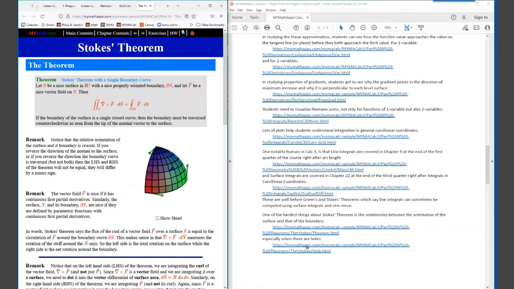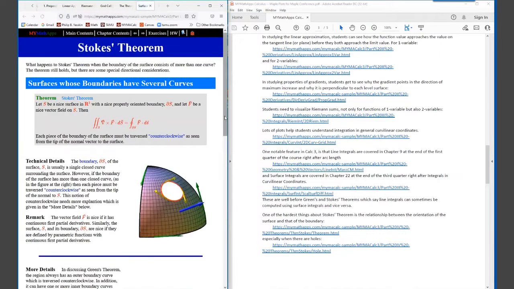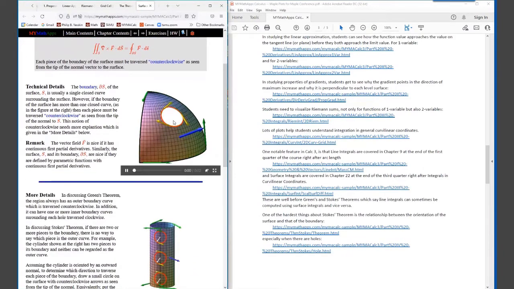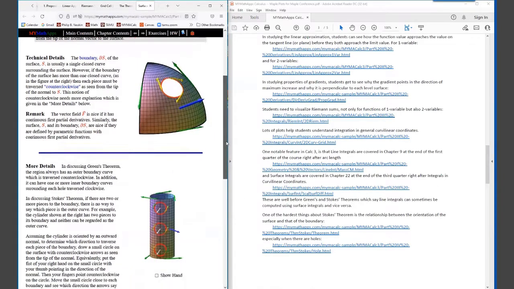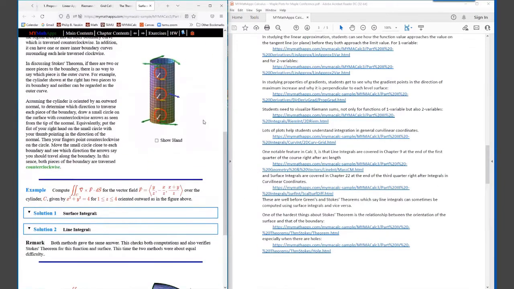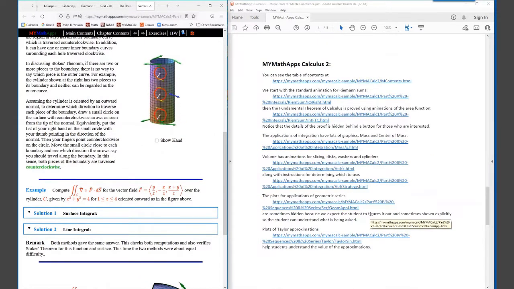It becomes even more complicated when there is a hole. And then you have to go around this way, clockwise on the inner boundary, counterclockwise on an outer boundary. Here, there's no inner and outer. You still need to know which way to go around. So that finishes Calc 3.